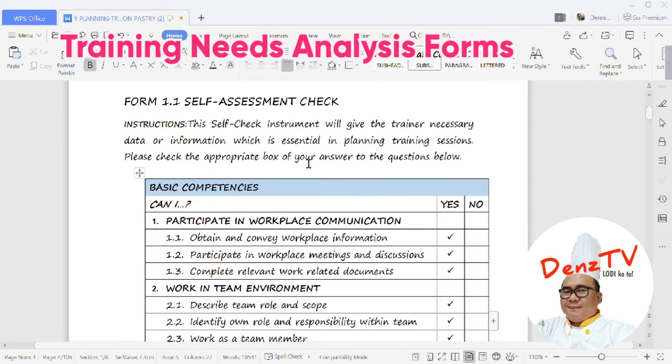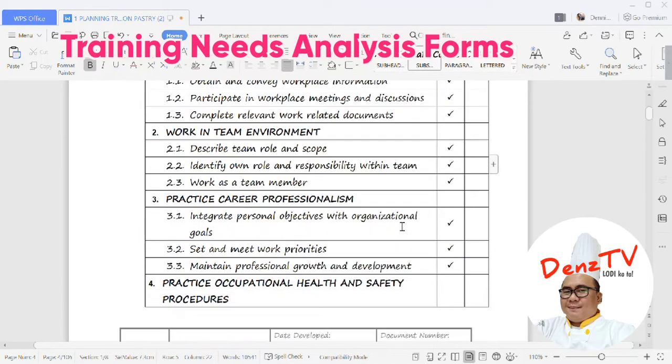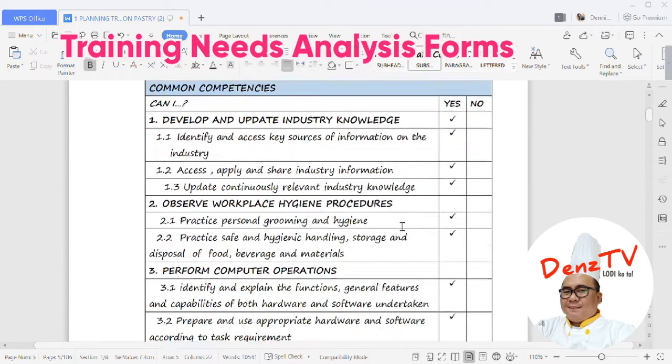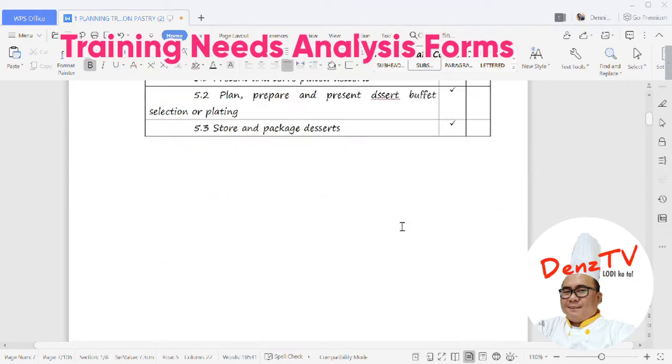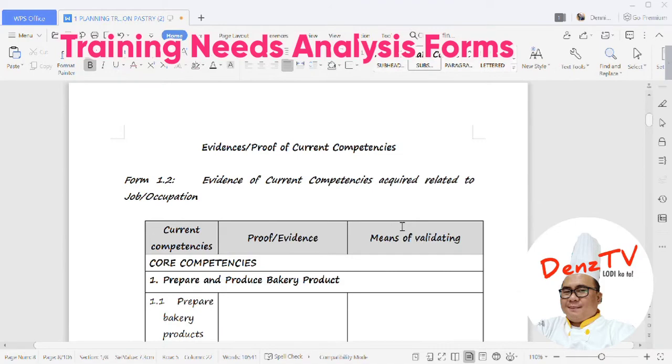Self-assessment check. Next is evidences, proof of current competencies, which is form 1 number 2.